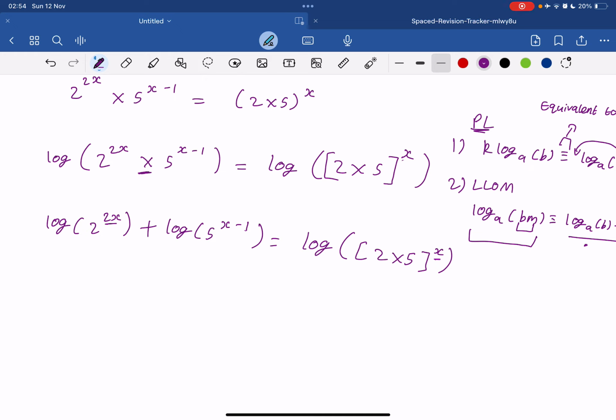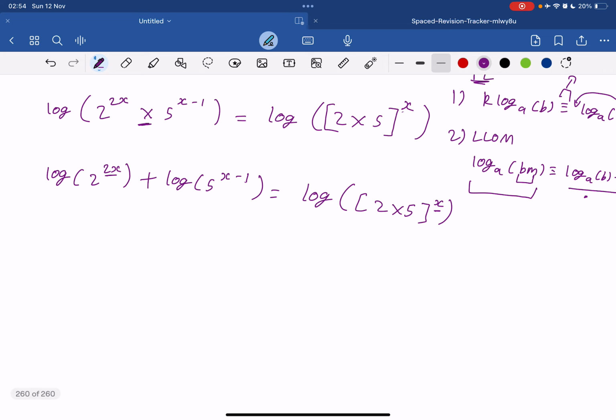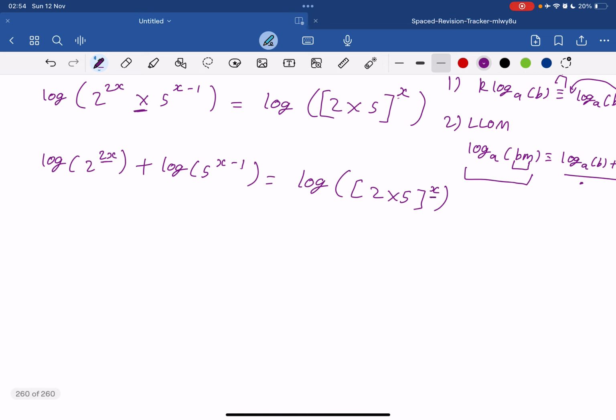So we want this as a coefficient, so hopefully we can factorize and get x on its own. So let's use the power law. 2x log 2 plus x minus 1 log 5 equals x log 2 times 5.